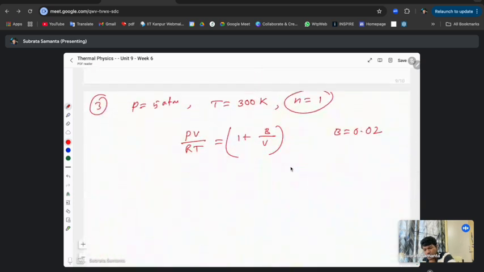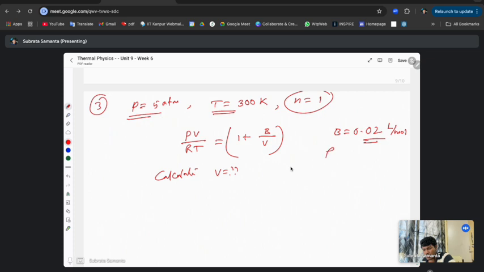P is given and T is given, and I have to calculate V.